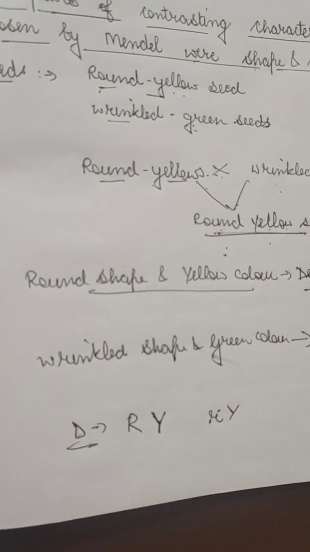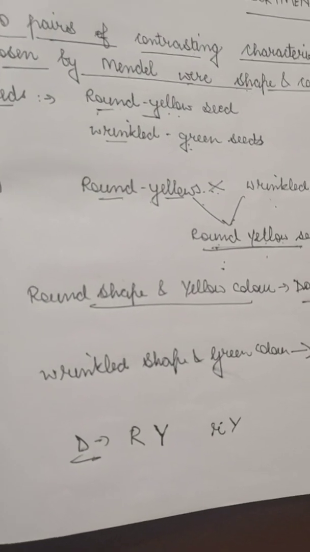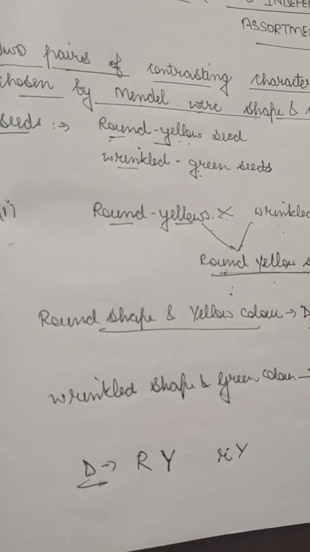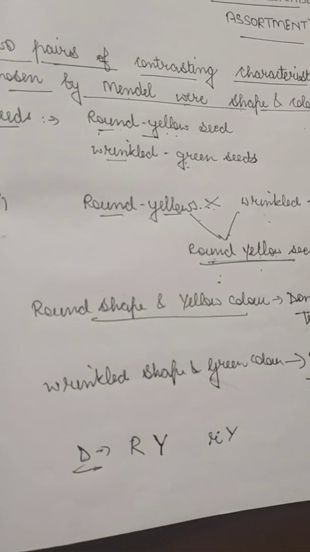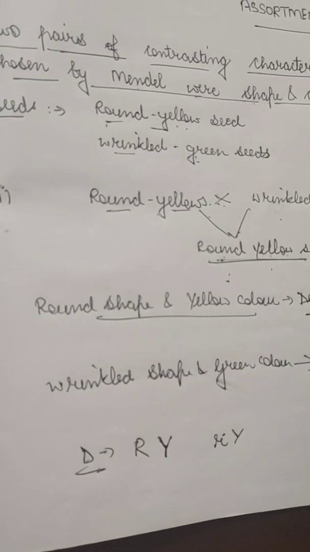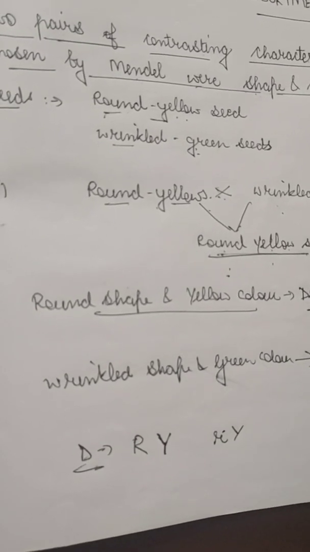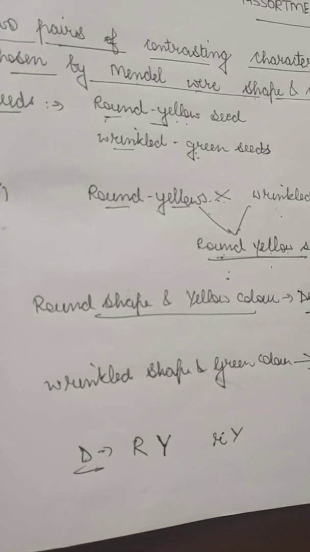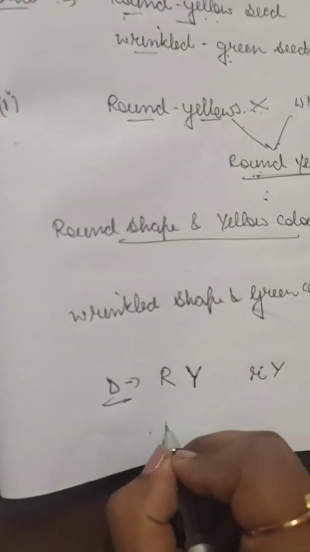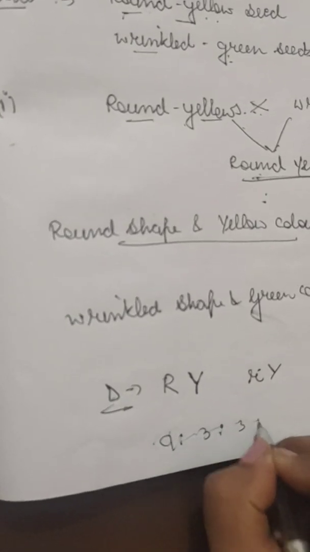So first is the parental cross. After the parental cross, we get the F1 generation, and when we again crossbreed the F1 generation, we get the F2 generation. For the F2 generation, Mendel had 556 total seeds, and they were in the ratio of 9:3:3:1.